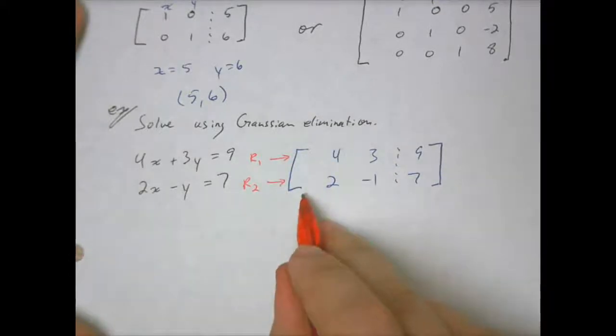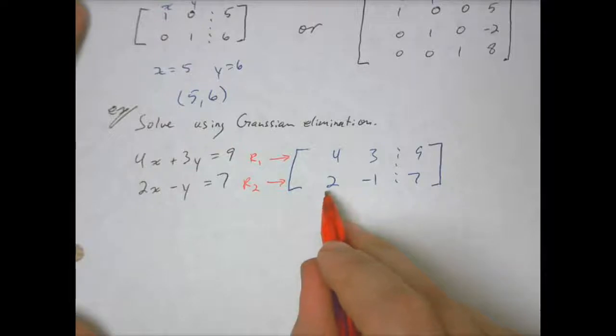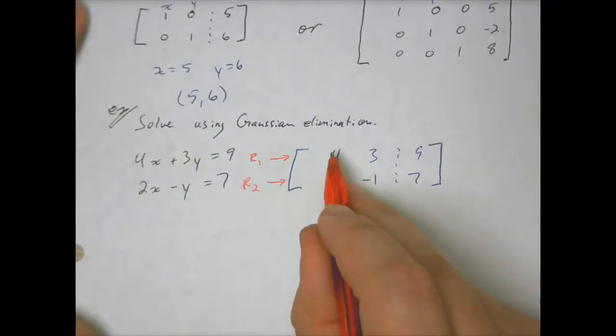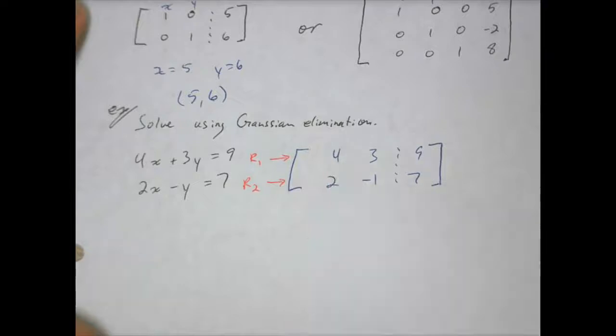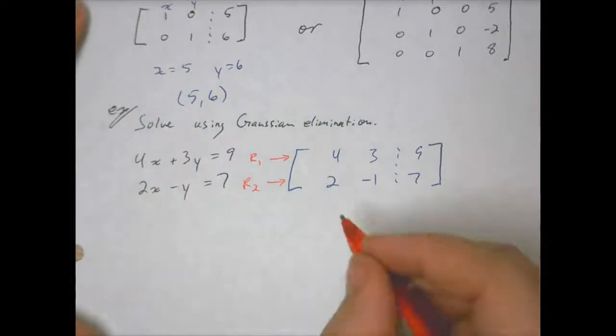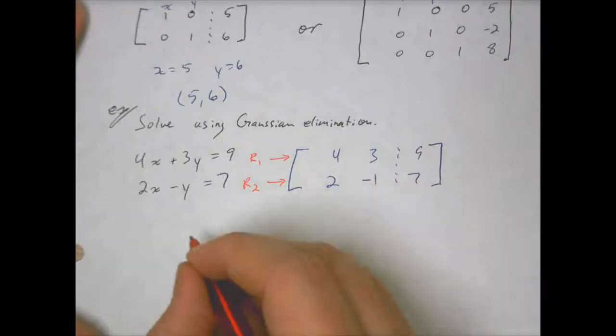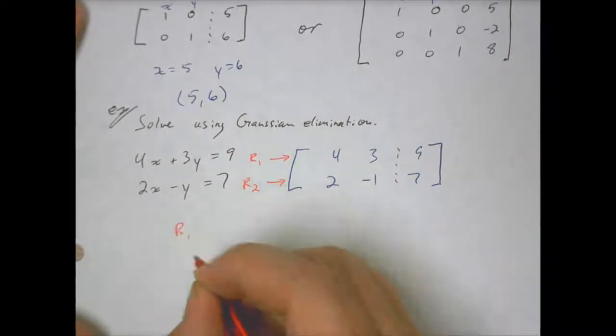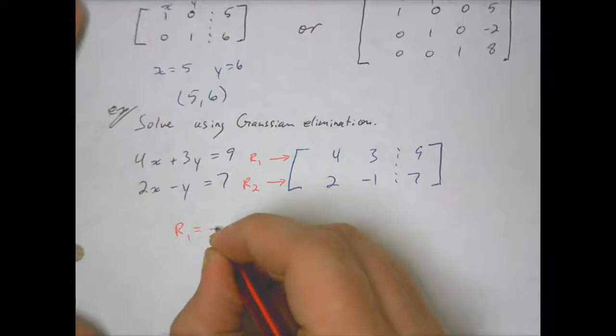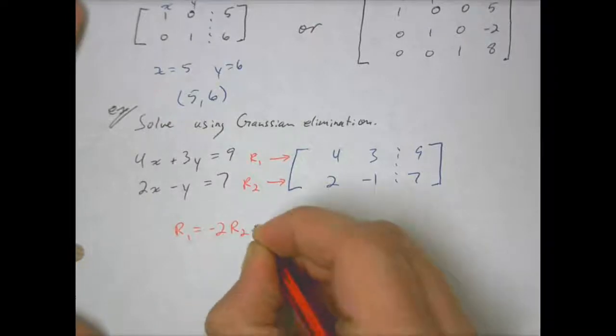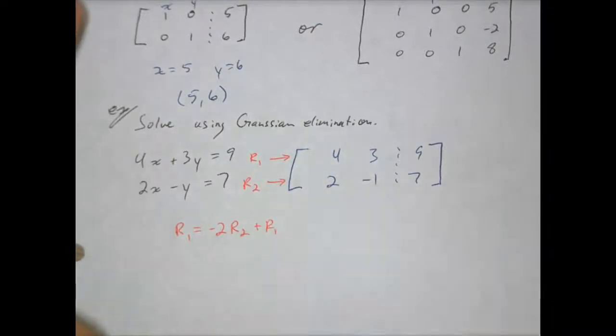If I take row 2 and multiply it by -2 and add it to row 1, that will eliminate this 4 right here. The way I keep track is I'm going to say that row 1 is now -2 times row 2 plus row 1.